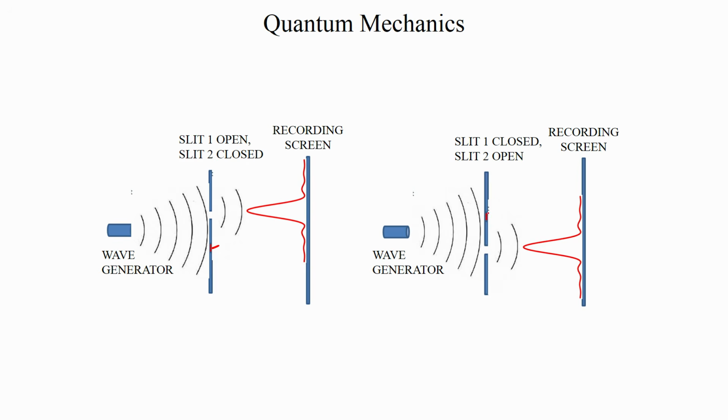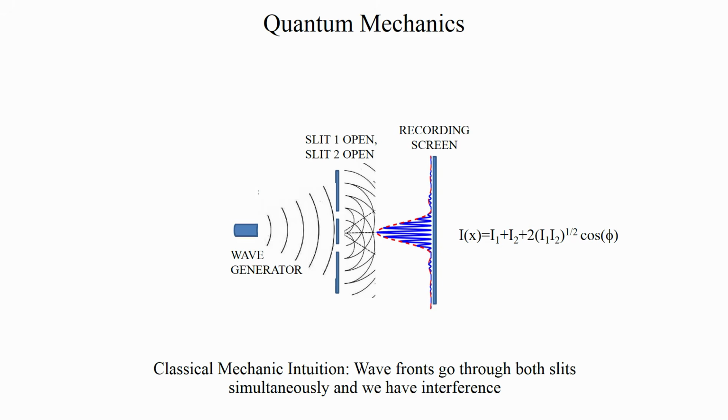Now, if you were to close that slit and keep this one open, you will find another intensity distribution that looks like this. Now, if you were to keep both slits open, the wave front enters through both slits at the same time, and what you will see is an interference of these two waves. So, you see all these points where both these wave fronts are interfering with each other.